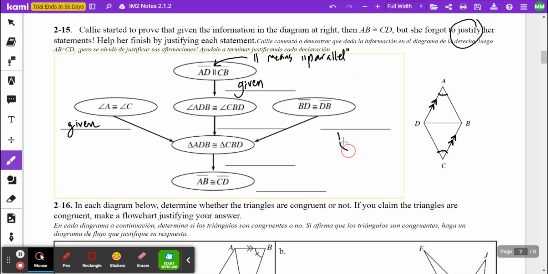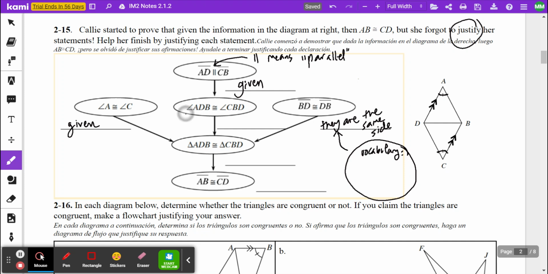We're going to have a special word for this, but for now, let's just say they are the same side. We're going to come back to that at the end of the notes with vocabulary, so leave yourself a little gap for that.